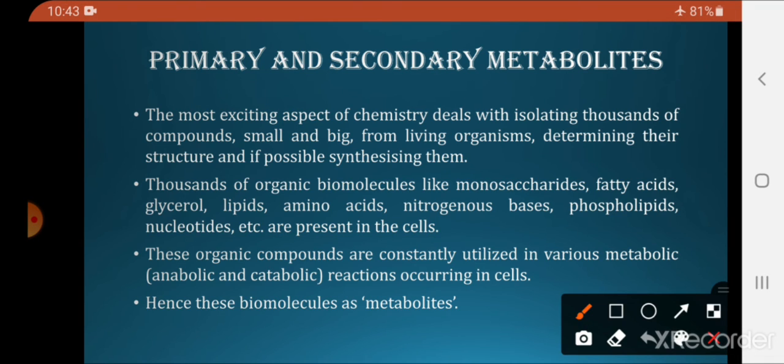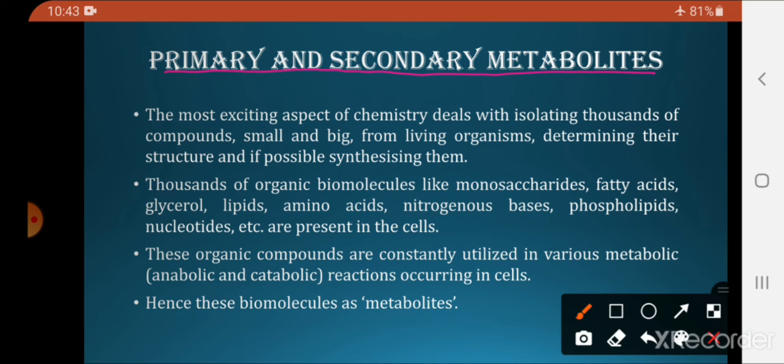Now let us begin with the new topic, that is primary and secondary metabolites. So first of all, what are metabolites? Living organisms में there are organic compounds which are constantly utilized during the metabolic reactions. कोई भी लिविंग ऑर्गेनिजम्स में मेटाबॉलिक रिएक्शंस कंटिन्यूसली बॉडी में होते रहते हैं.